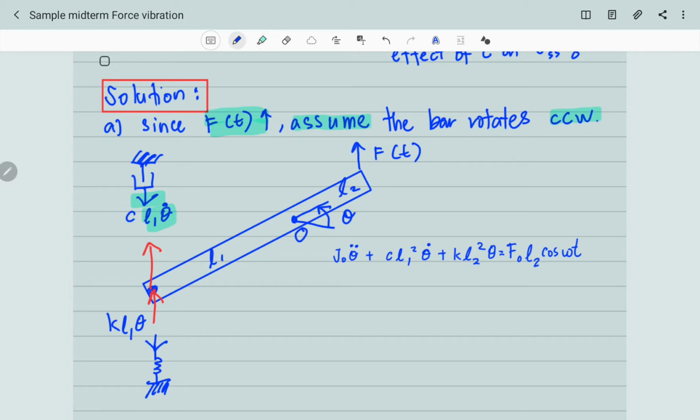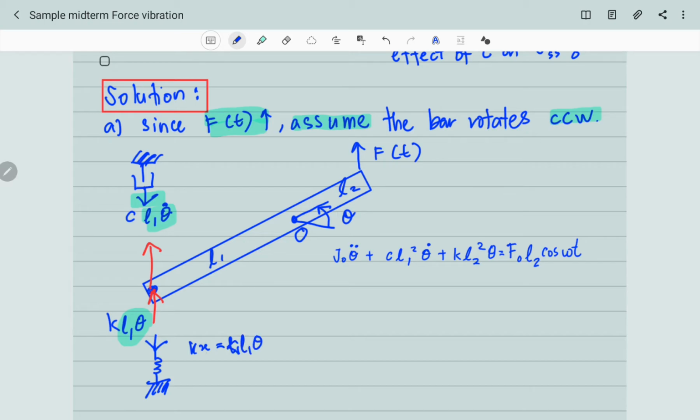In terms of theta, x is equal to L1 theta because it's a rotation. Same for k. It's supposed to be linear, so it should be kx, but your x for the k is basically L1 theta, so it's k L1 theta.